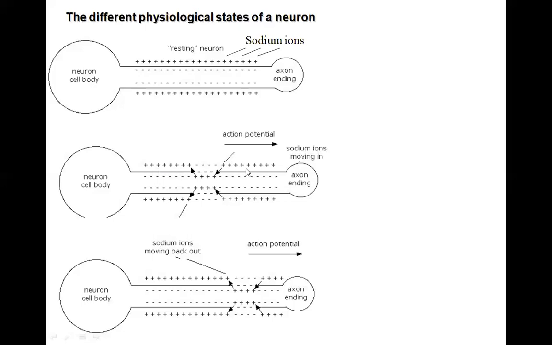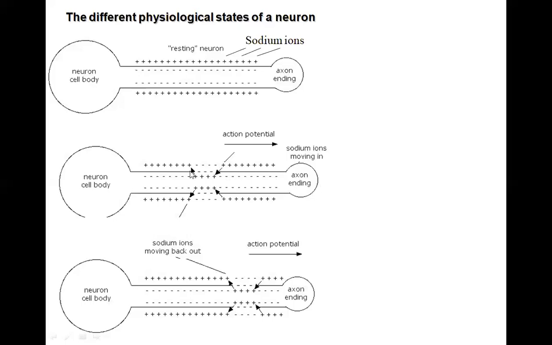When the neuron fires, when it is sending a signal, the pores or the gates on the membrane open to positive ions. And the gates don't open all at once. It's progressive, starting from the base of the axon, close to the cell body, and then progressively opening to the tip of the axon.